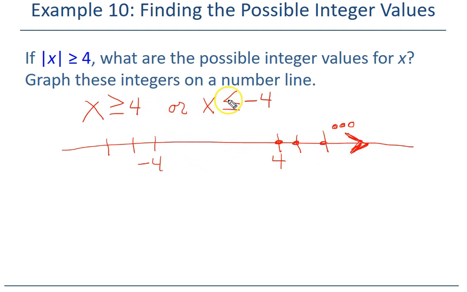And then here, x is less than or equal to negative 4, so we'd put a dot on there, and then an ellipsis going this way. But these values in here, negative 3, negative 2, negative 1, 0, 1, 2, 3, these would not be part of this set. So we'll see this in a graph here shortly.